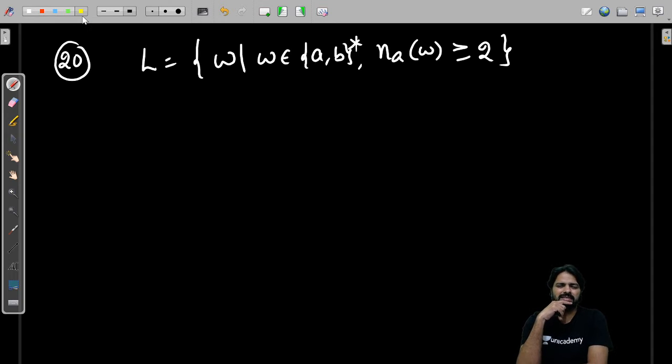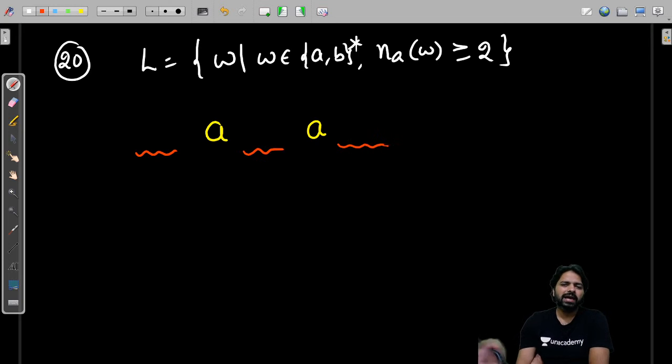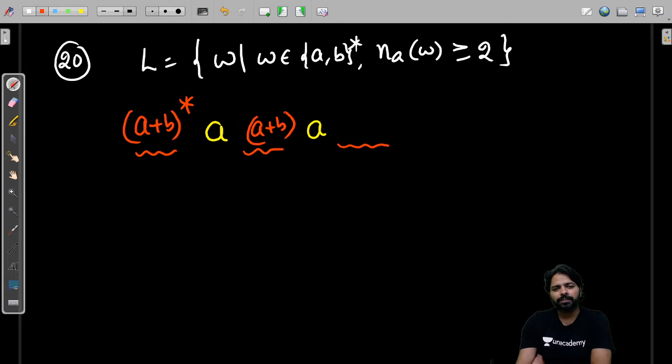At least 2 means that A's you have to guarantee. And here it doesn't matter how many B's come, B's have no condition. So what do you write? Anything you can write. A plus B whole star.